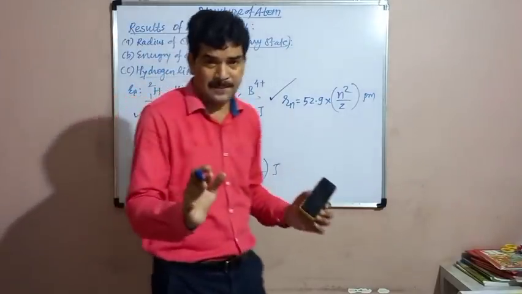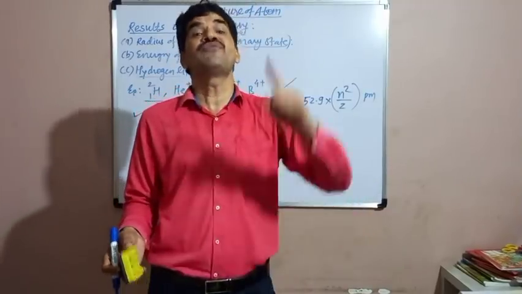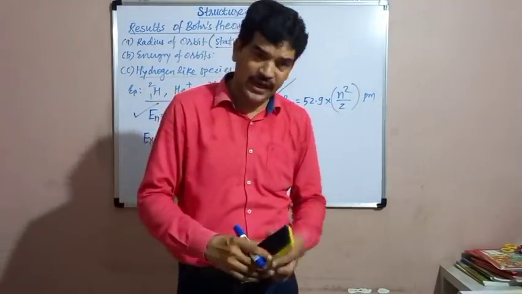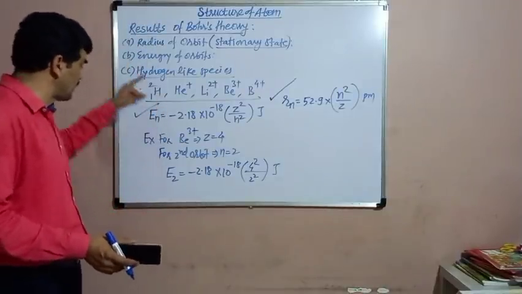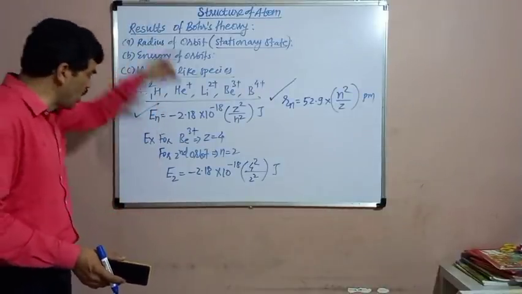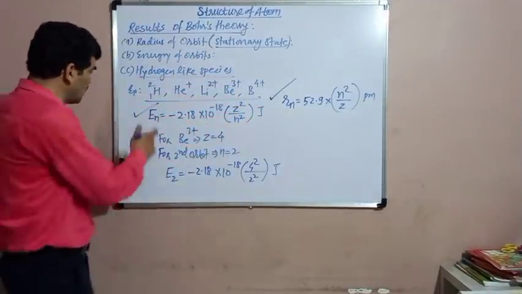Remember, the formula to calculate the radius as well as the energy of any orbit in hydrogen is different, but the formula to calculate the radius as well as the energy of any orbit in hydrogen-like species is different. Here, this is the formula.